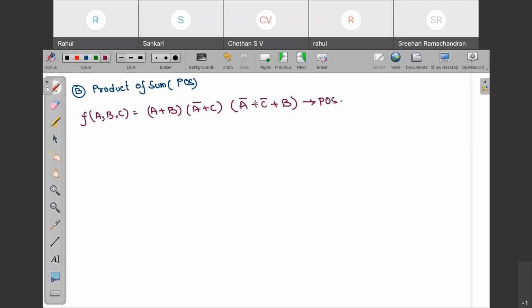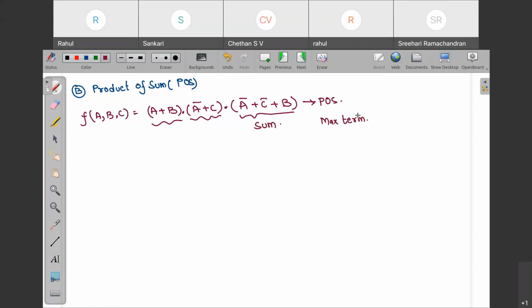Why? Individually they are sum terms, this is also a sum, this is also a sum, and they are multiplied. That is why it is a product of sums. Individually they are known as your max terms.